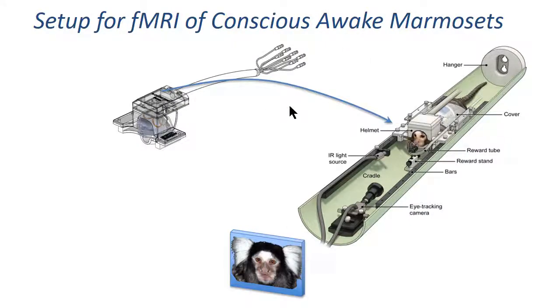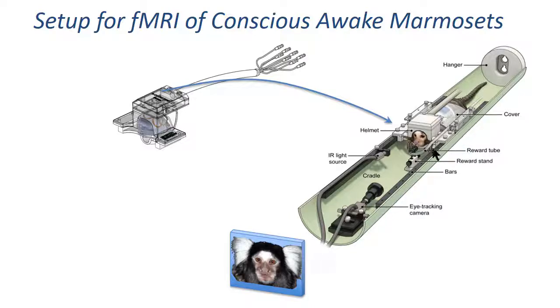But this setup has improved quite a lot so that we can now present stimuli inside or outside the magnet. So in the case of visual stimulation, we have an LCD screen outside the magnet. We have an eye tracking camera that looks at whether the animal is looking at the screen or not. The coils themselves became quite specialized. We are now able to put the receiver coils on the inner surface of the helmets for maximum sensitivity.